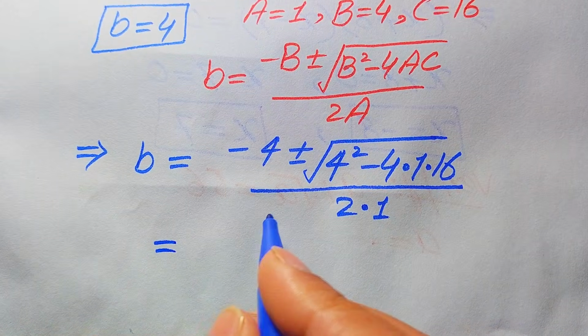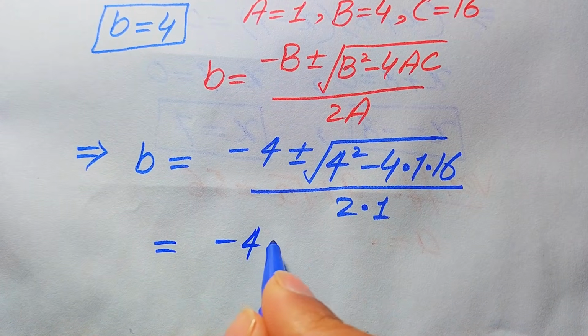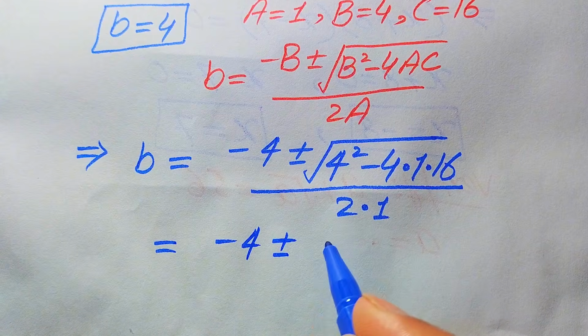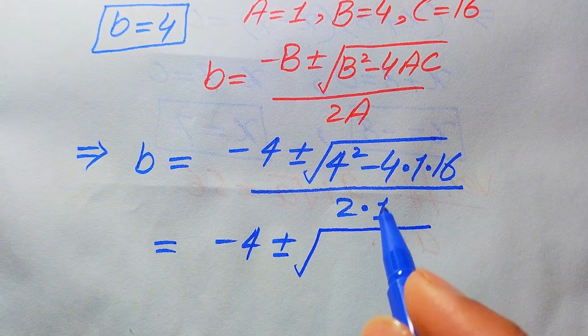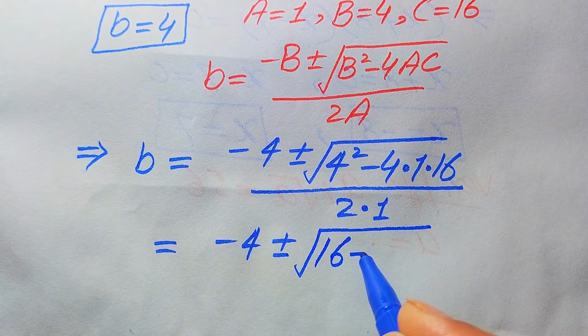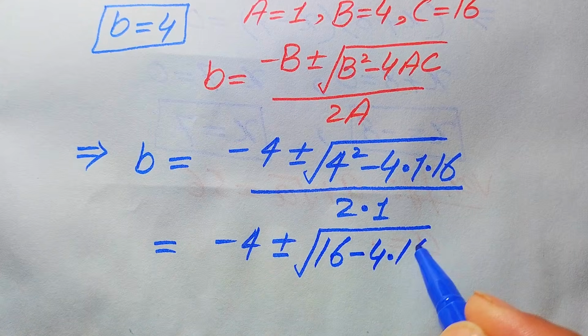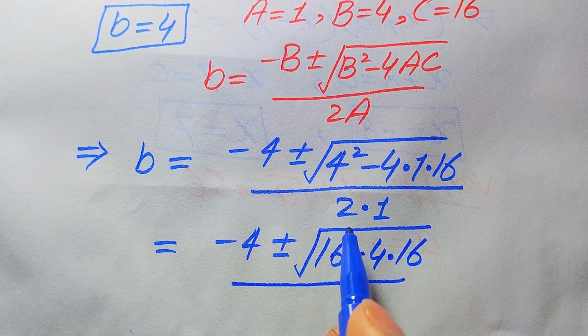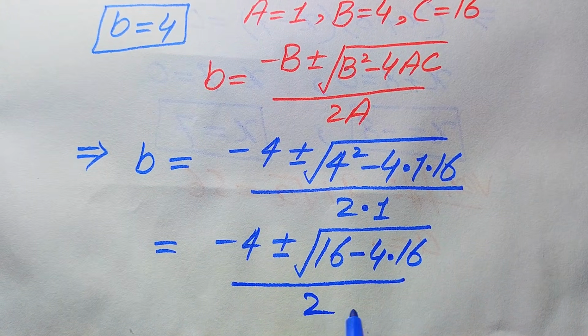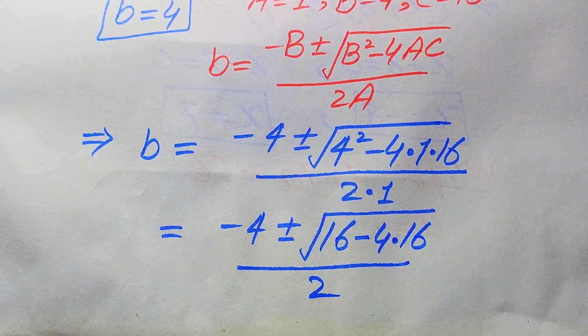Here we need more simplifications, and it will be written as minus 4 plus minus square root of 4 squared, and 4 squared becomes 16, minus 4 multiplied by 16, divided by 2 times 1, which is equal to 2.